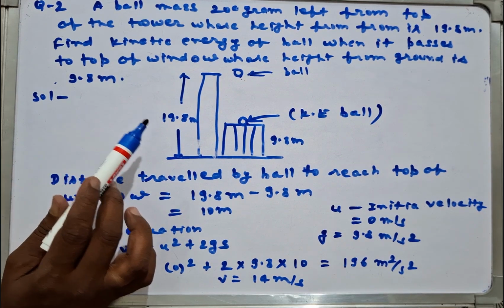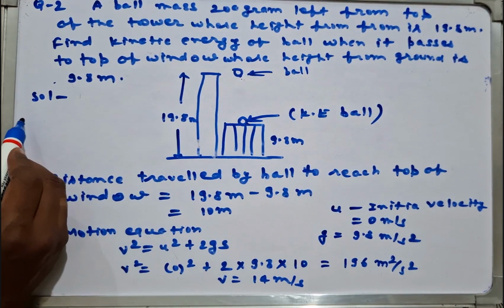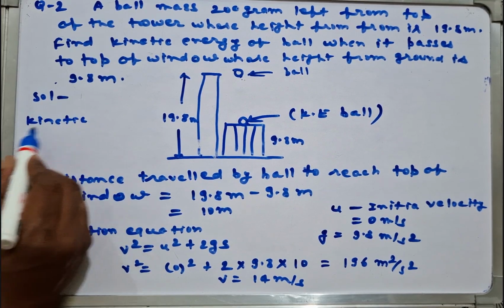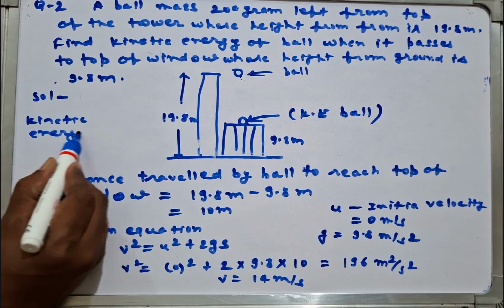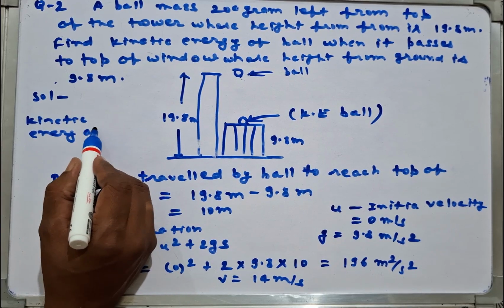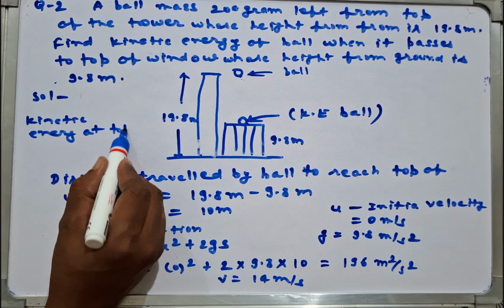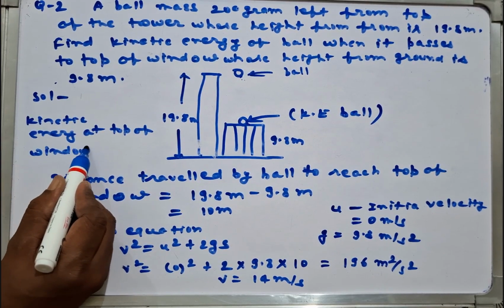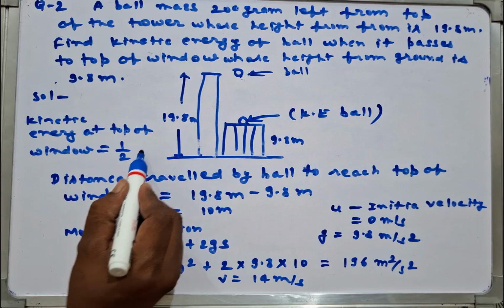Now the energy of the ball at this point equals kinetic energy at the top of the window, equal to 1 by 2 mv square.